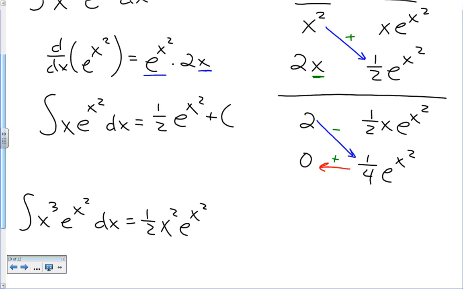And then it's going to be minus 1/4 times 2 is 1/2 times e to the x squared. And then finally, we integrate the last row, and the last row is the 0. Integral of 0 is our plus c.